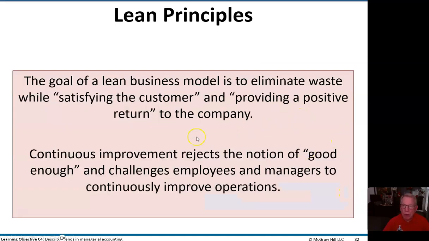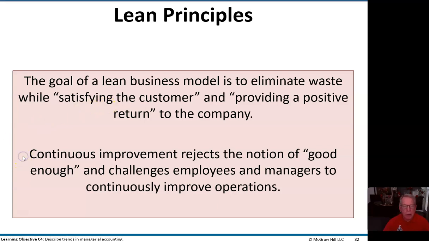Okay, so lean principles. The goal of a lean business model is to eliminate waste while satisfying the customer and providing a positive return, naturally, to the company. A company needs to make a profit. I think that goes without saying. However, we want to satisfy the customer, but maybe just meet their expectations so that we can do it in the most cost-effective way.